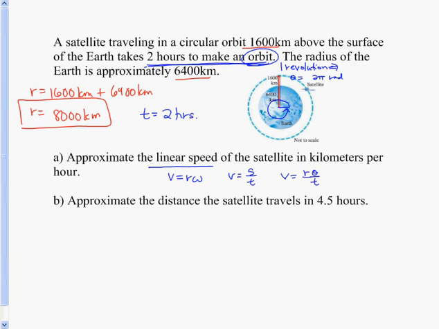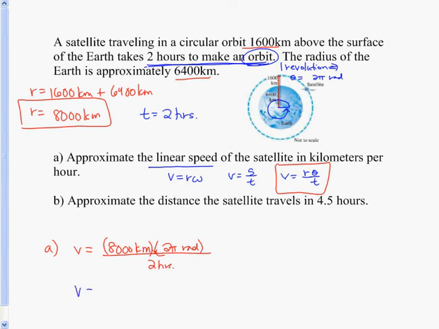Of all of these, it looks like this is the one that I have the data for. So on A part, my linear speed is going to be my radius, which is 8,000 kilometers, times my theta, which I know is 2 pi radians, and the radians is not always necessary, divided by time, which is 2 hours.